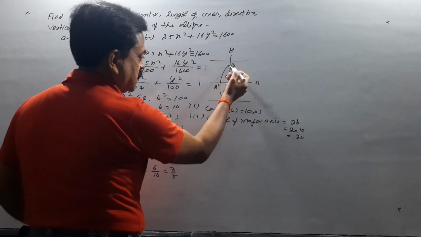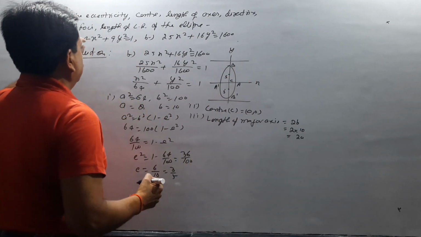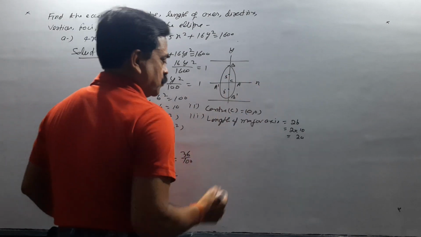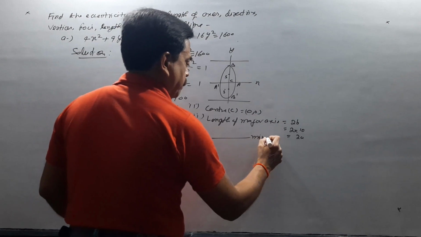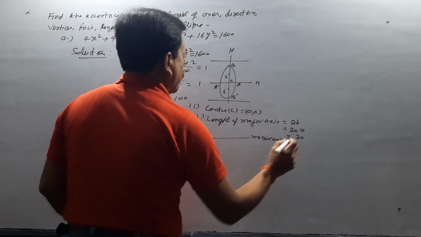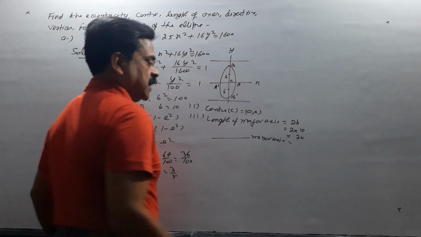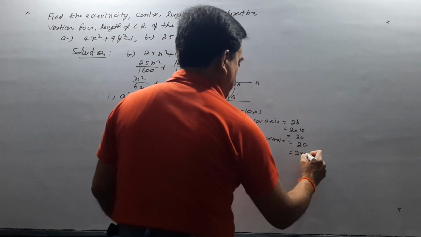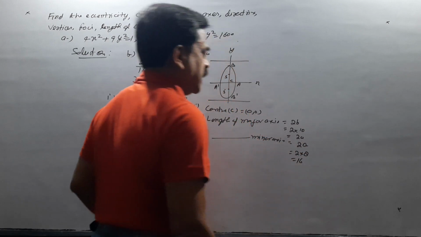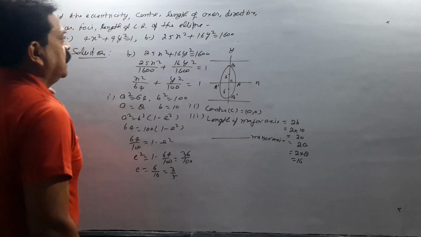In this case, the major axis is on the y-axis, and in the first case the major axis was on the x-axis. And now the length of the minor axis. The minor axis is here, AA dash, and this is 2a. 2 into a, 8, so 16 units is the length of the minor axis.